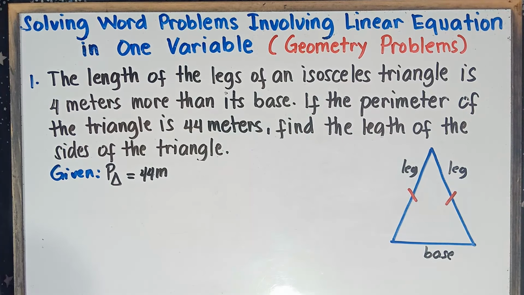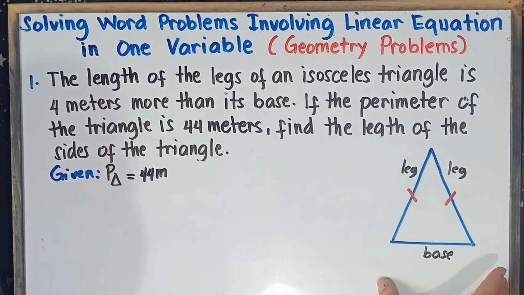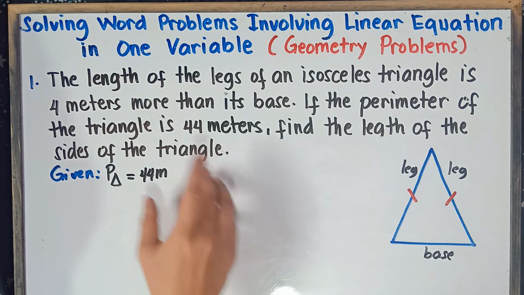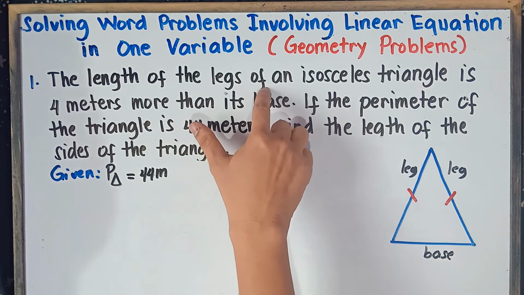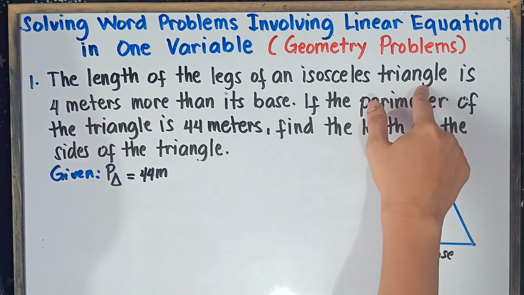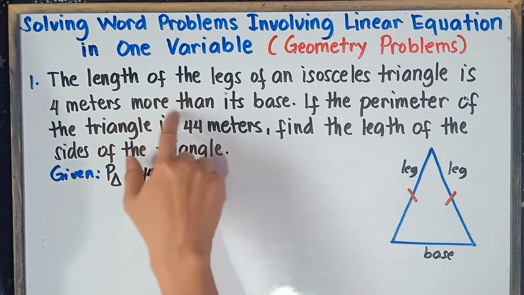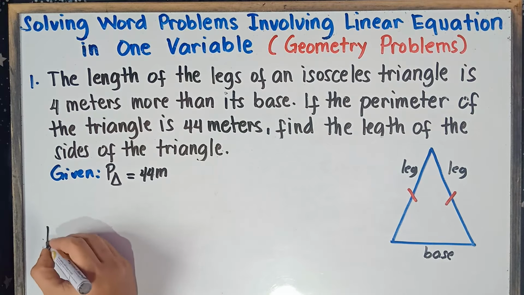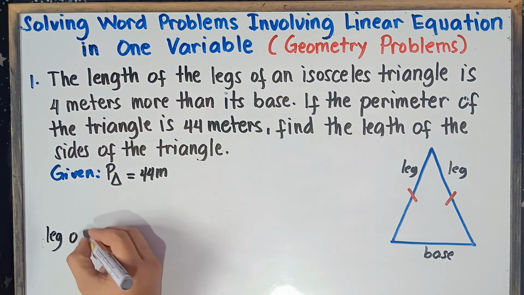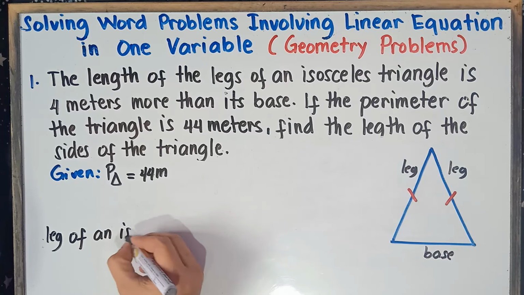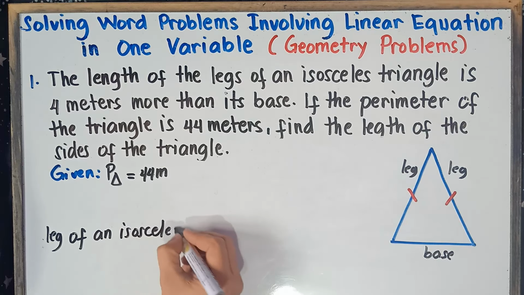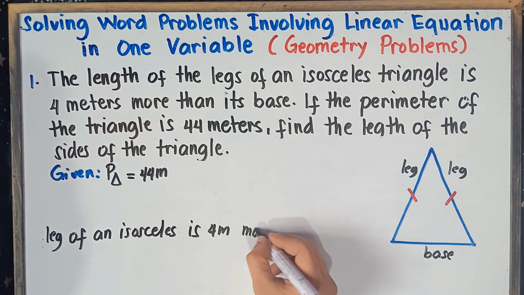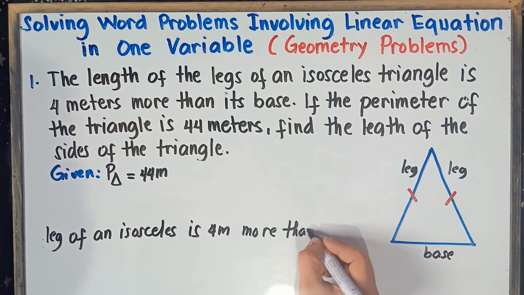Now, we are told to find the length of the sides of the isosceles triangle. In the first statement, the length of the legs of an isosceles triangle is 4 meters more than its base. Let me write that: the leg of an isosceles triangle is 4 meters more than its base.